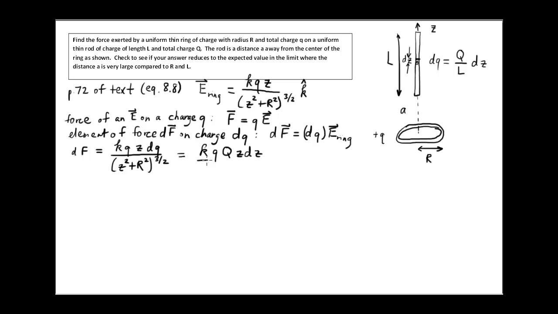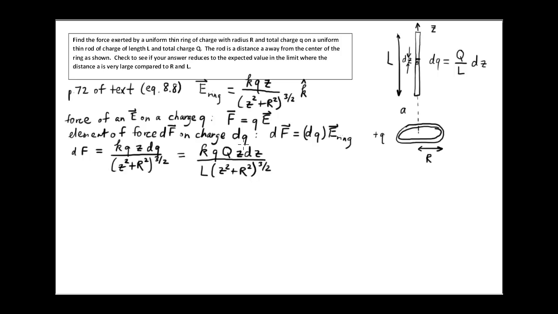I collected all the terms that end up in the numerator when I make the substitution for dq, and the term that ends up in the denominator, in addition to what's already there, is the factor of L. So I get L times z squared plus r squared to the 3/2 power. So let's stop for a minute. What this means is a piece of the rod that has a length element dz experiences a force dF given by this equation here.